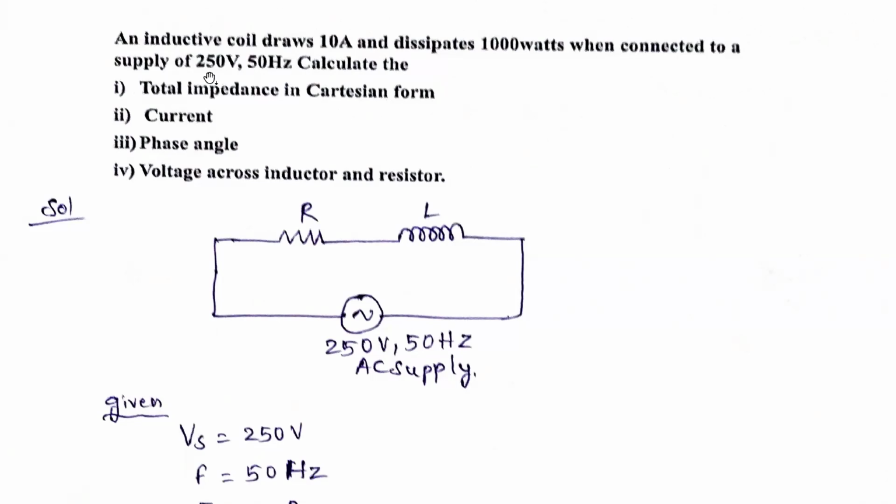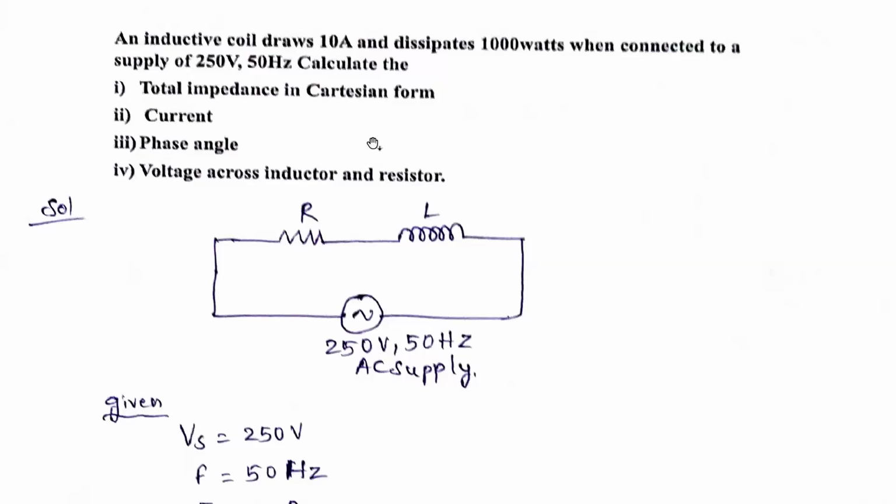By studying the question, in the first line we'll try to know this is only an inductive coil. But here they clearly mentioned in the fourth point, calculate voltage across inductor and resistor also. Inductive coil is there, and one more resistor is also there.